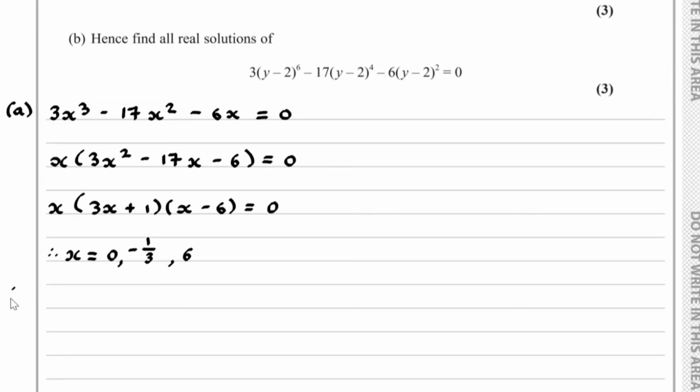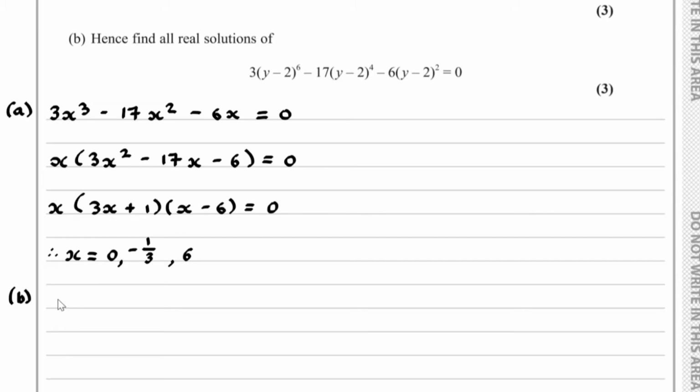And then for part B, hence find all the real solutions of 3 lots of y minus 2 all to the power of 6 minus 17 lots of y minus 2 to the power of 4 minus 6 lots of y minus 2 all squared equals 0.